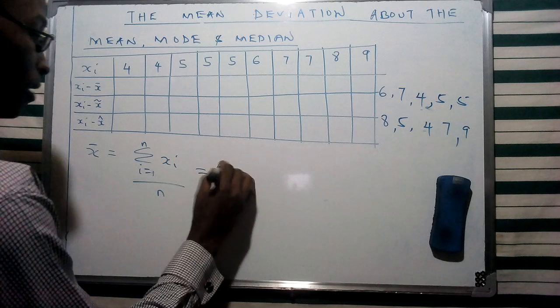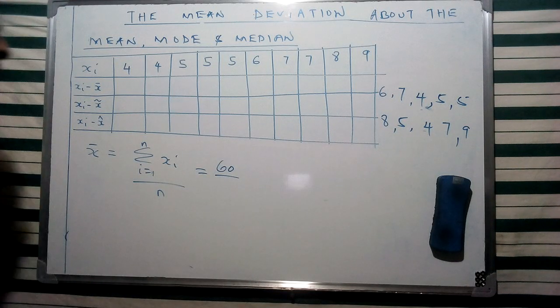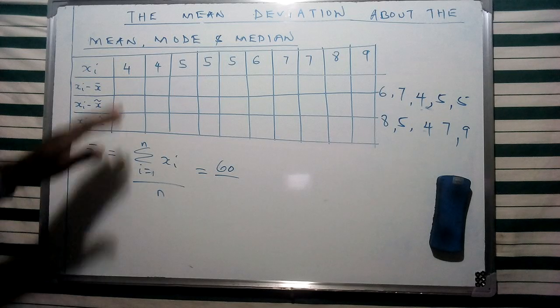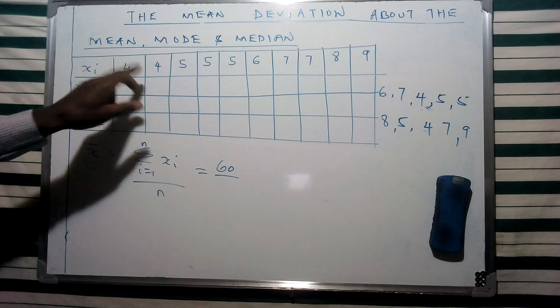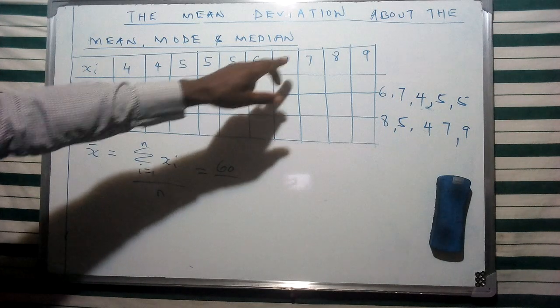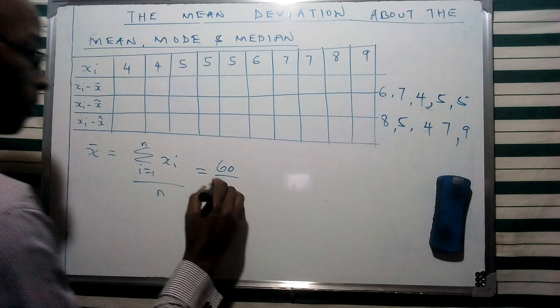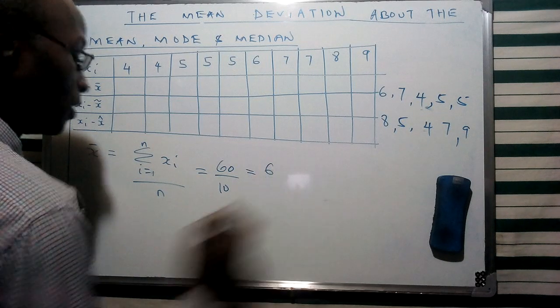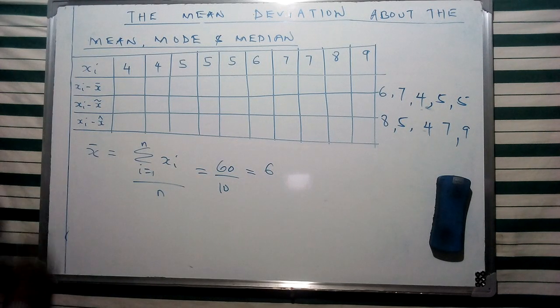So we're going to have 60 divided by n. Of course, n is the summation of those frequencies, which is 1, 2, 3, 4, 5, 6, 7, 8, 9, 10. And that's going to give us the value of 6. So the value for the average is going to be 6.